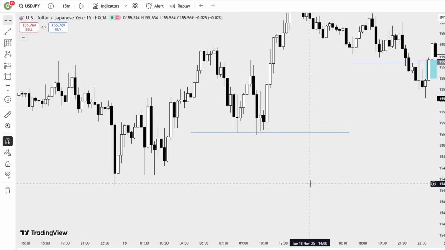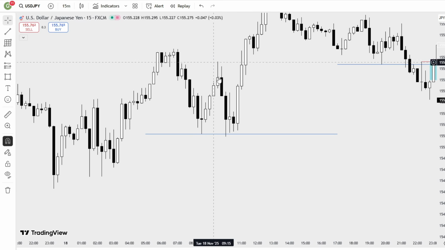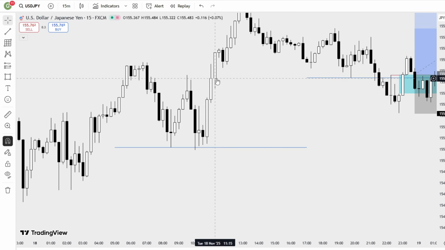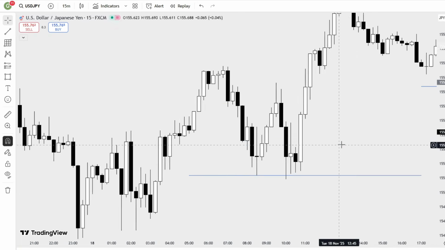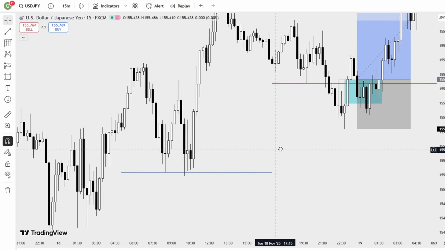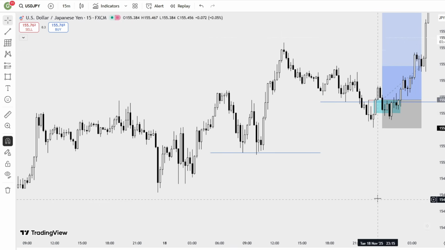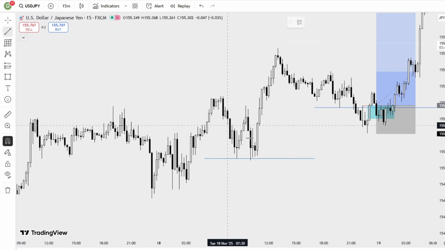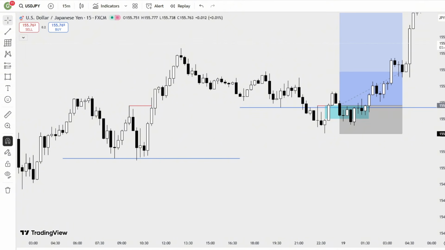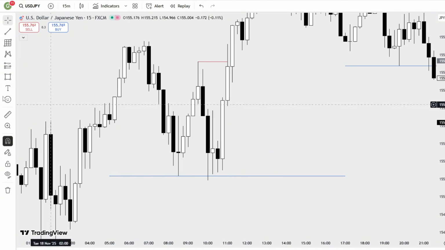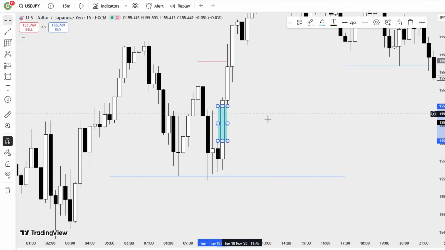Okay, in this case, purge, no shift, far shift. Okay, price never returns. In fact, price returns. If you see, we have the shift right here, and we have the mitigation of this internal liquidity, but the price doesn't come back.